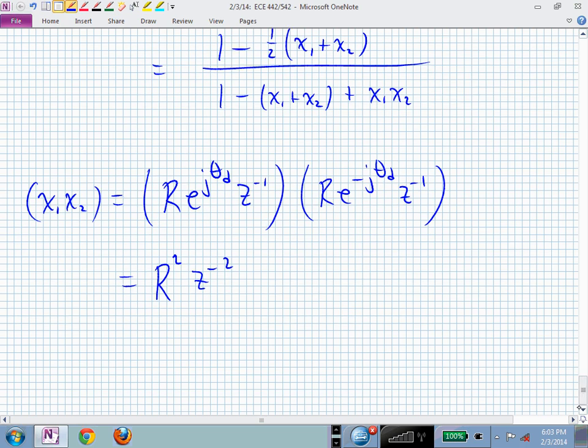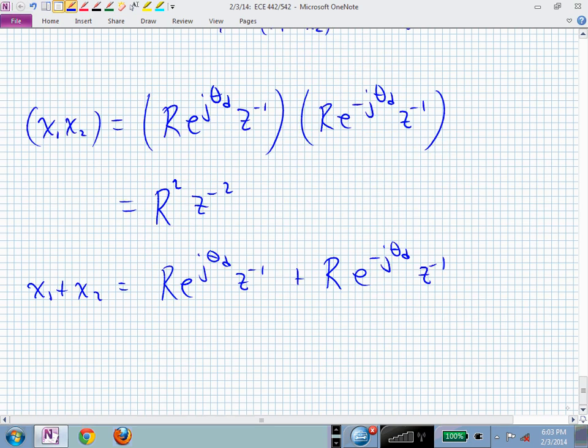Then we need x1 plus x sub 2, now we're adding those. So the r z to the minus 1 can be factored out of both terms.